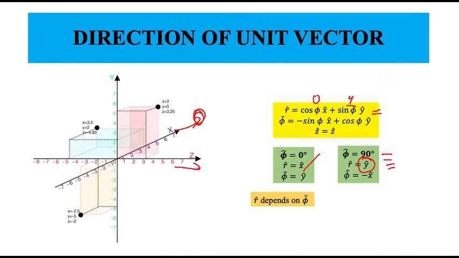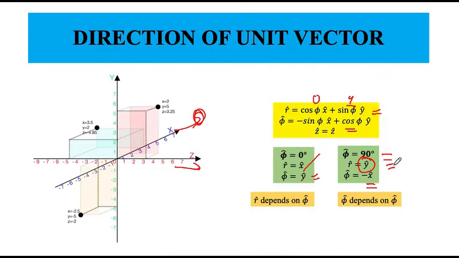Similarly, what will happen to the phi hat vector? The phi hat vector at phi equal to 0 will be pointing along the y direction, right, because cos phi is equal to 1. At phi equal to 90 degrees, interestingly, the same vector will now be pointing along the minus x direction. So again the phi hat vector also depends on phi.